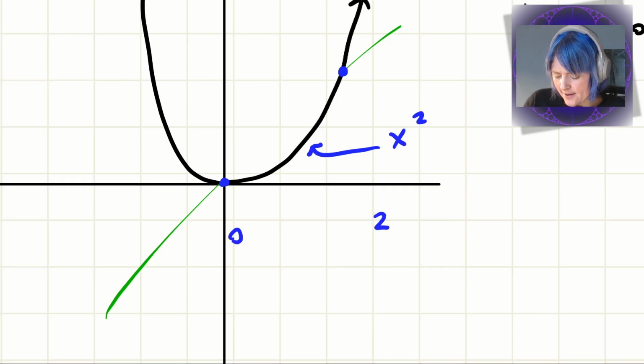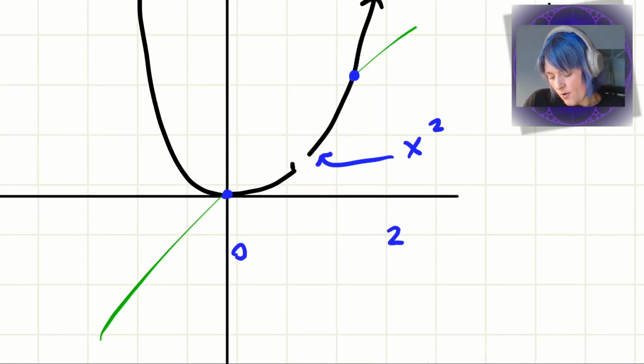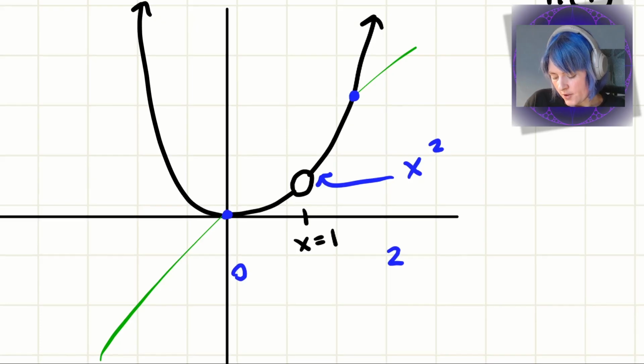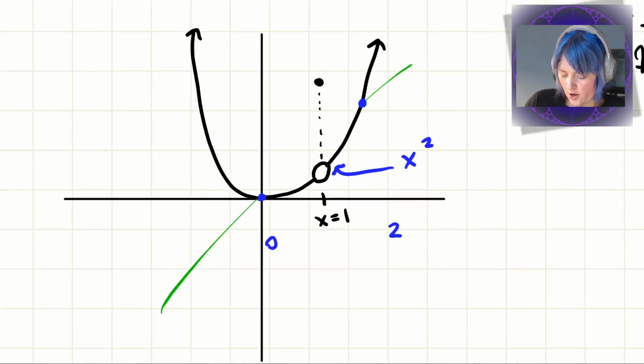Because if I had a function that was not continuous, and many functions are not continuous, then there's totally a chance that I could have just some weird random value here. And, I don't know, just a hole.